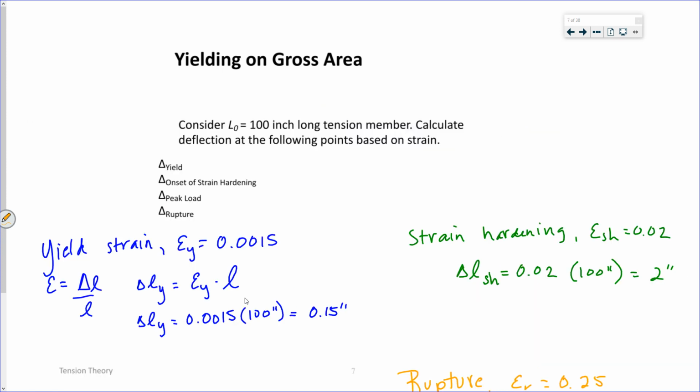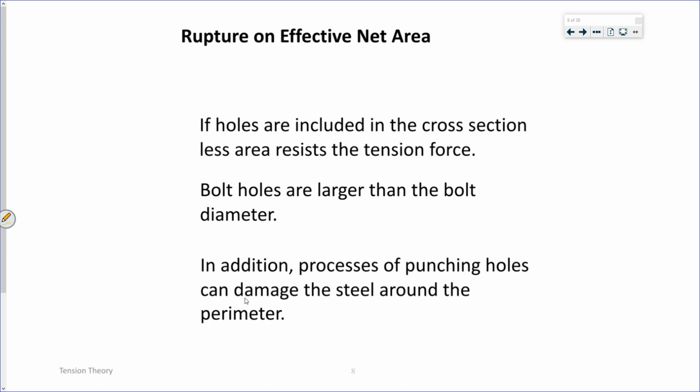So our next limit state is rupture. Now, we talked about yielding on the gross cross-sectional area.